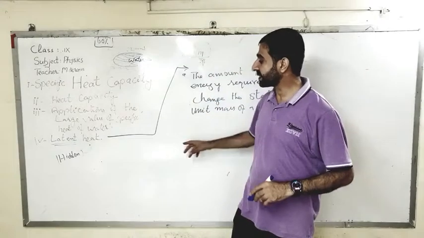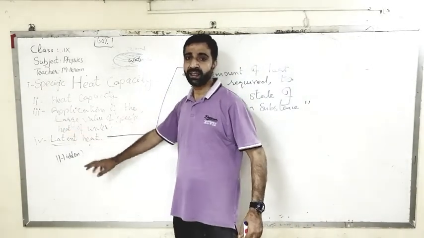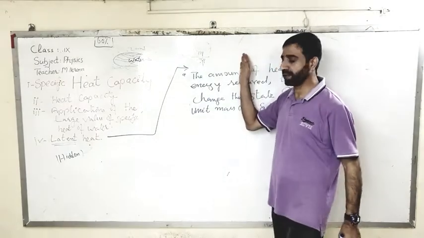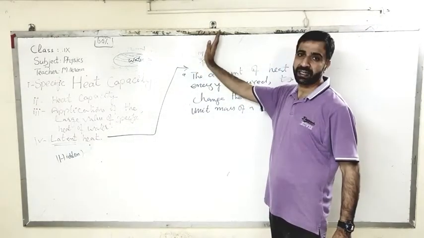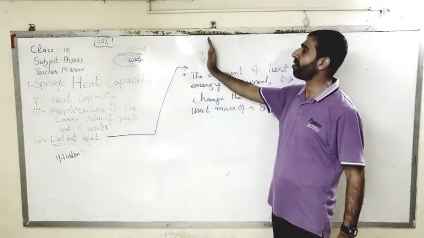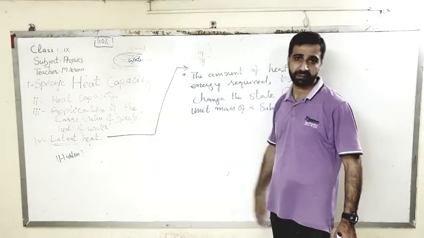Right? This is why it is called hidden. Why? Because it is not indicated by a thermometer. The thermometer does not show you any apparent increase in the temperature until all of the water changes into steam.